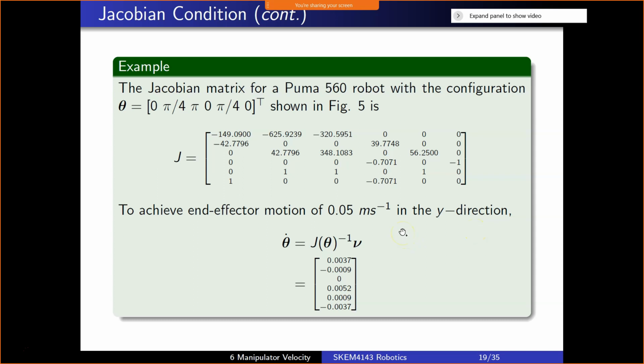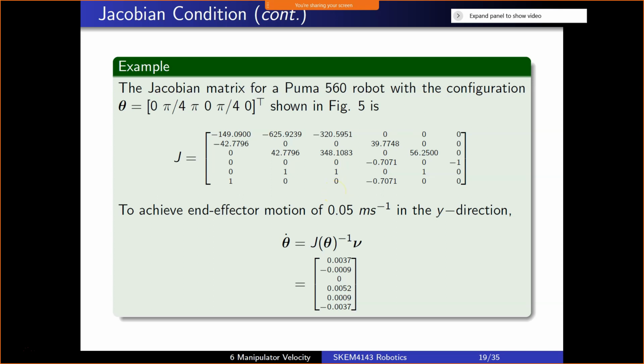All right. So can we just inverse, right? We need to compute the inverse. Okay, the first condition is satisfied. It is a square matrix, 6 by 6 matrix. Condition 1 satisfied. Condition 2, it has to be non-singular, right? The determinant of J has to be non-zero. So we cannot always achieve that.